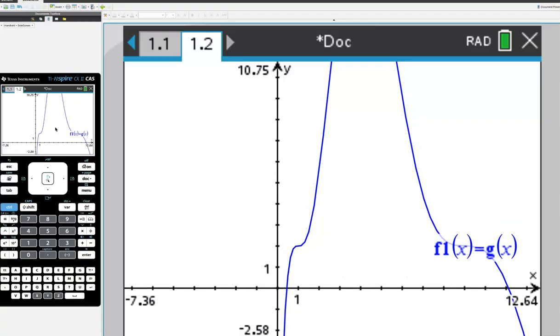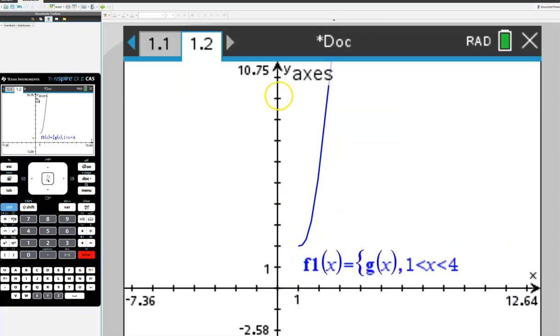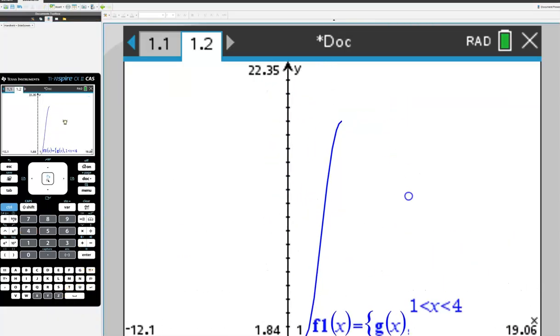Now, we're only interested in looking for solutions from 1 to 4. So let's jump back up and graph this from 1 to 4. Grip it and rip it. There we go, we've got this graph from 1 to 4. Let's pull this down a little bit.